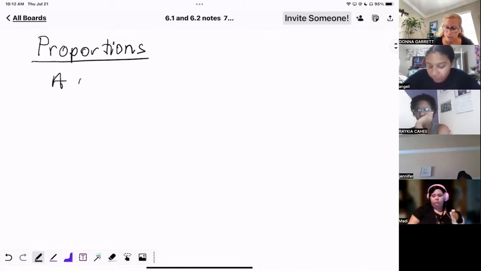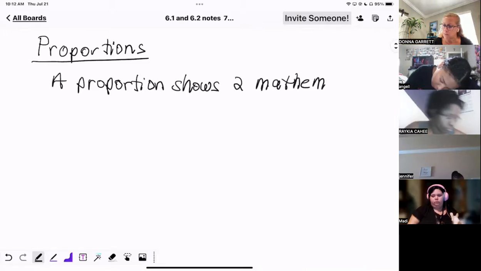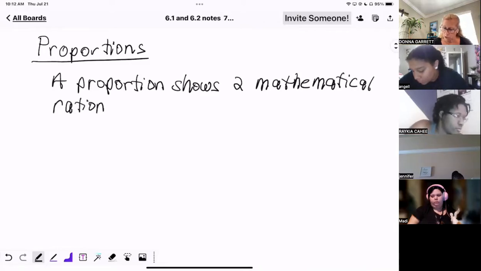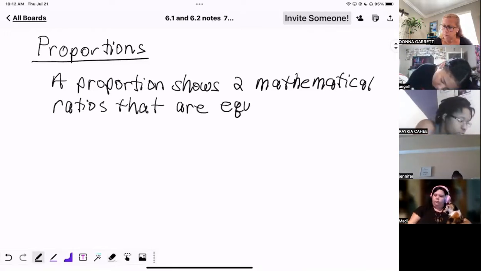Because a proportion shows 2 mathematical ratios that are equal. That's what makes a proportion.